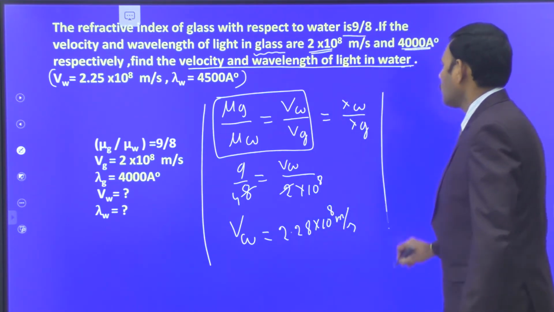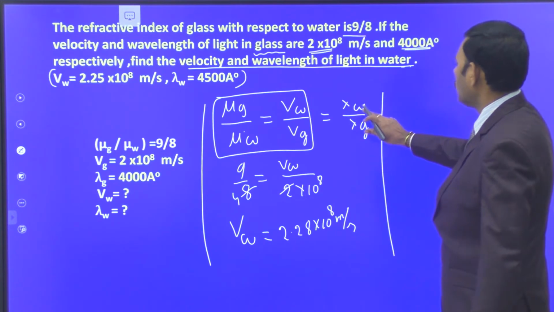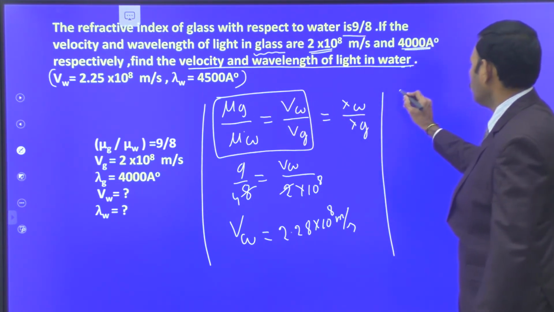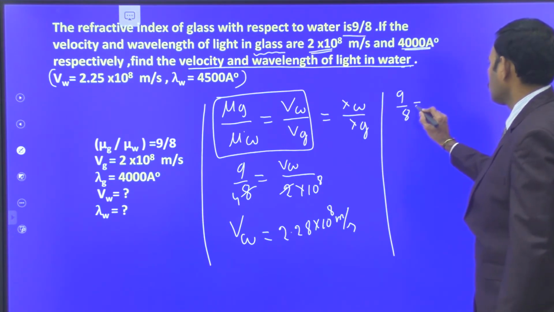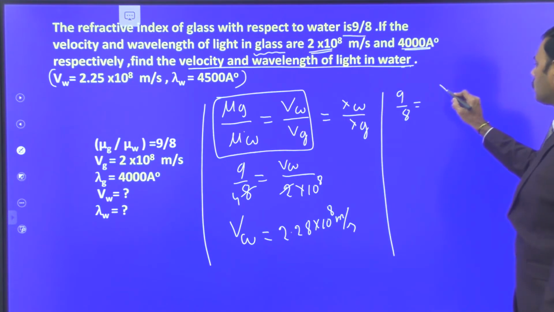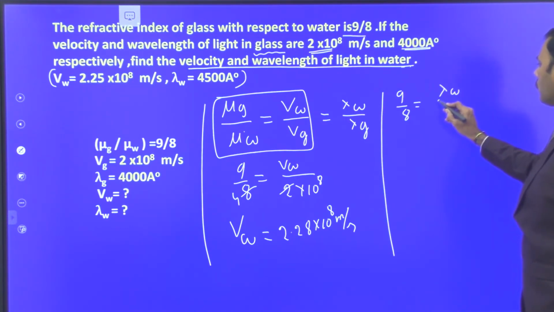And similarly, consider the refractive index ratio related to wavelength ratio and substitute the values. Mu g by mu w is 9 by 8, equal to wavelength in water divided by wavelength in glass medium, which is 4000 angstrom units.